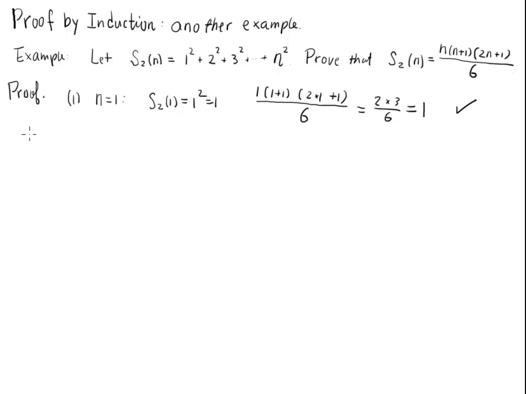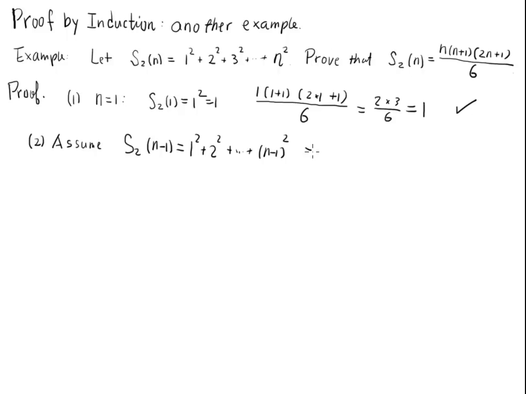Now, the second step doesn't involve any verification or any proof. It's assumed. So you're going to assume the formula holds. What it means is that now we're going to assume that S2 n minus 1, that means the sum from 1 to n minus 1 of the squares, is equal to, this is what we have, 1 squared plus 2 squared, and keep going until n minus 1 squared.